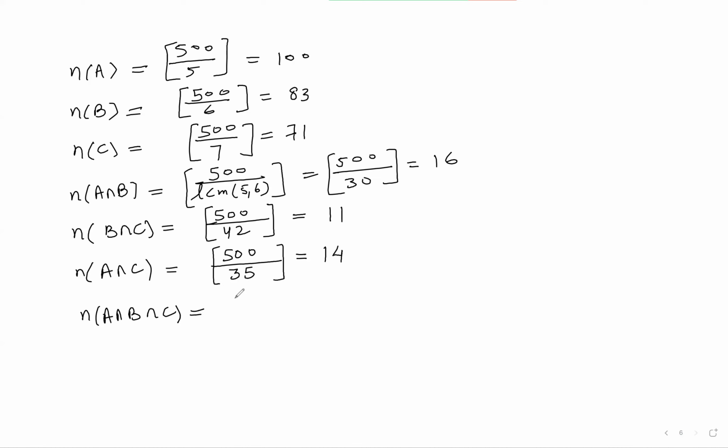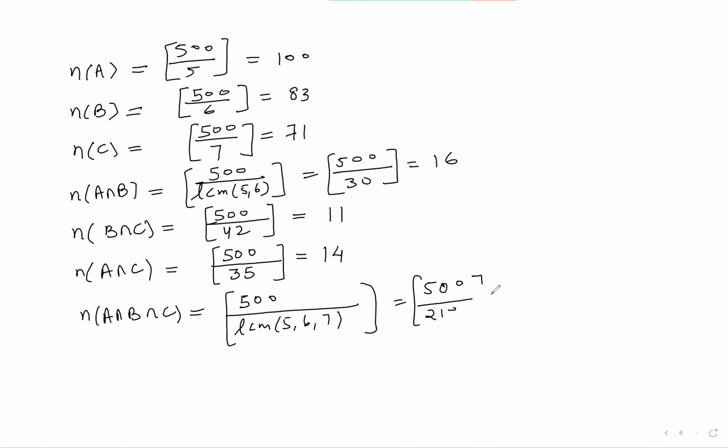And then A and B and C means the LCM of 5, 6, and 7. Agreed? So this is 500 over the LCM of 5, 6, 7. This is 30, and 30 and 7 gives 210. So this gives 2.